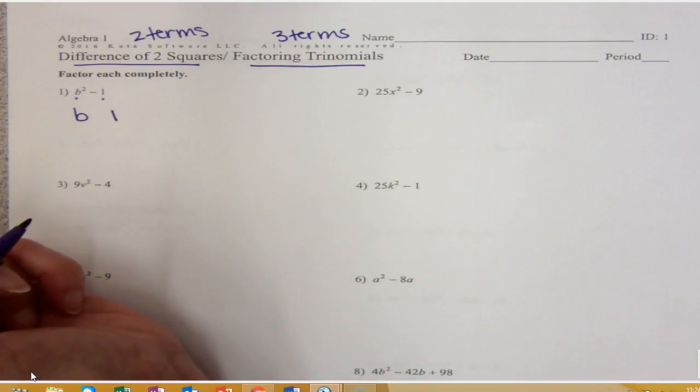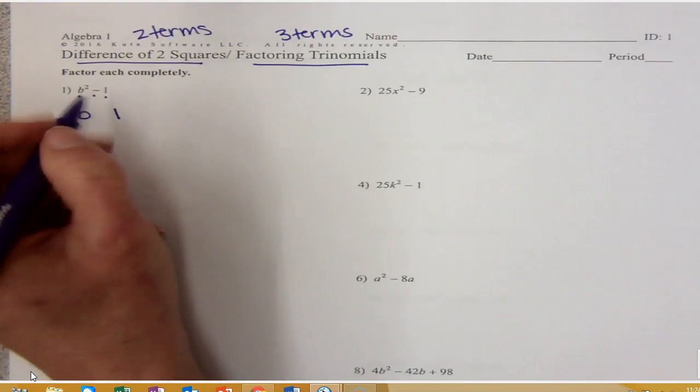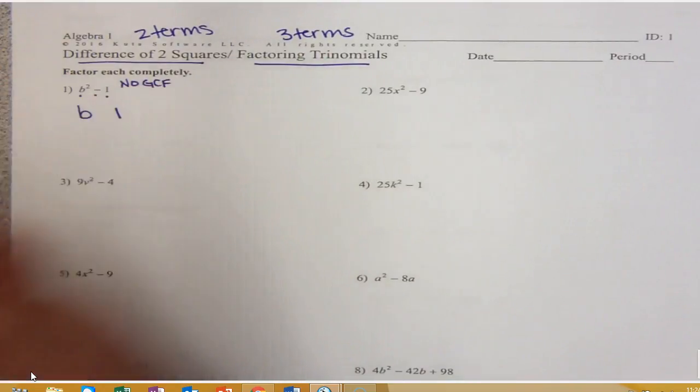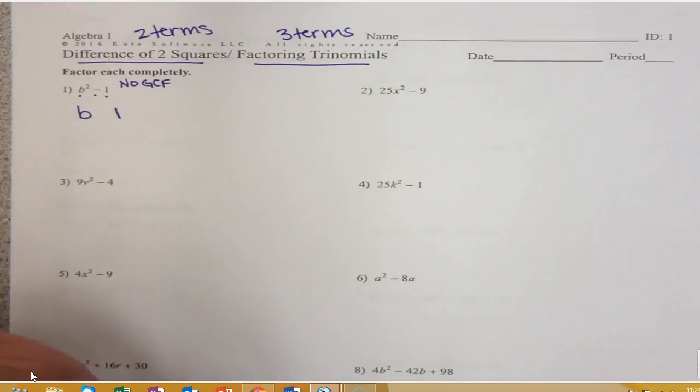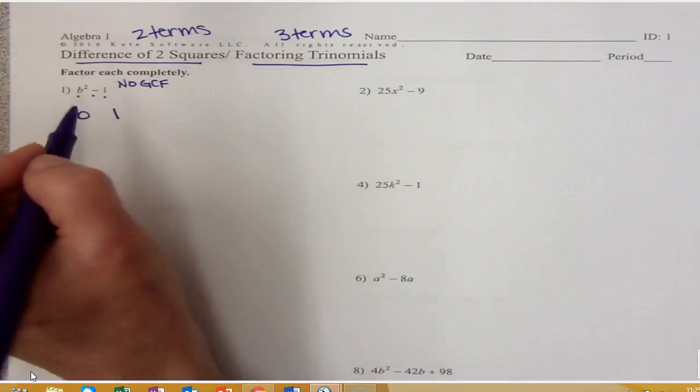That should have been the first thing I checked. But since there is a minus sign, no greatest common factor. If somebody said, yes, there is a greatest common factor, it is 1, that is true. 1 would be the greatest common factor. If 1 is the only greatest common factor, we just basically say no greatest common factor.